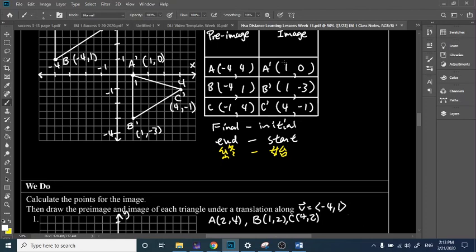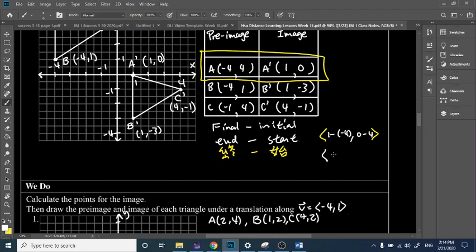So let's just take the first one here. For the vector, let's do 1 minus negative 4. So just final minus initial. Then we take final 0 minus initial 4.